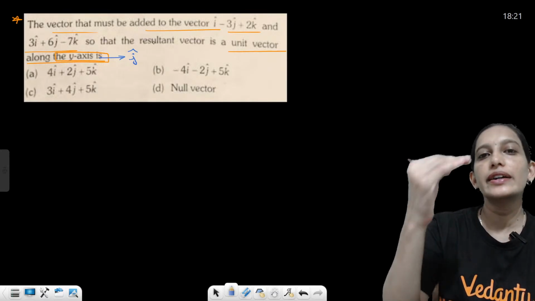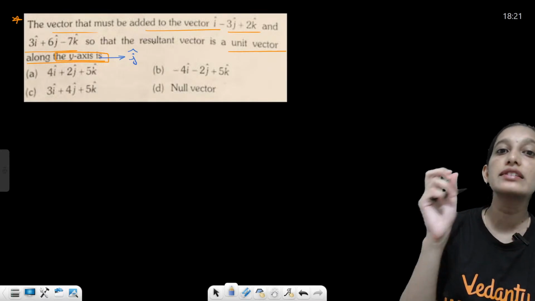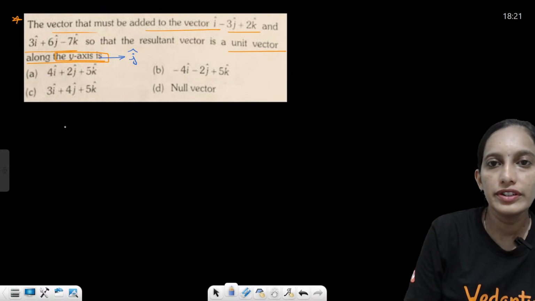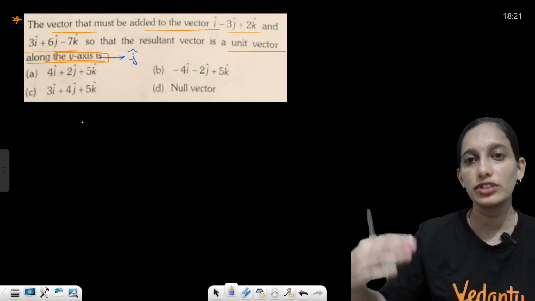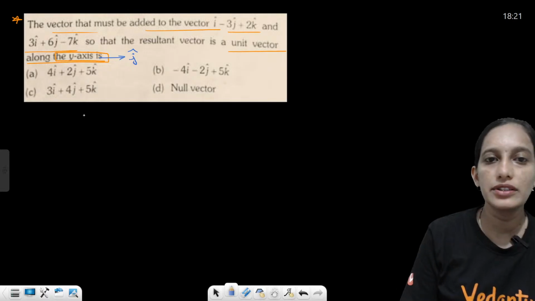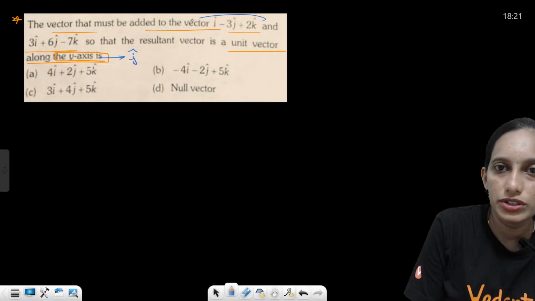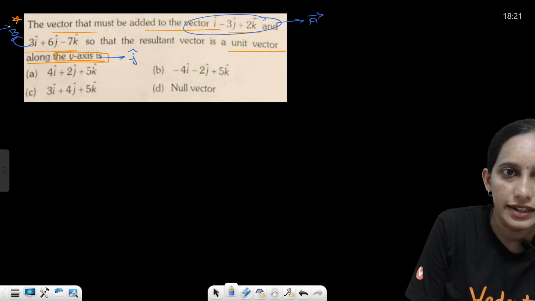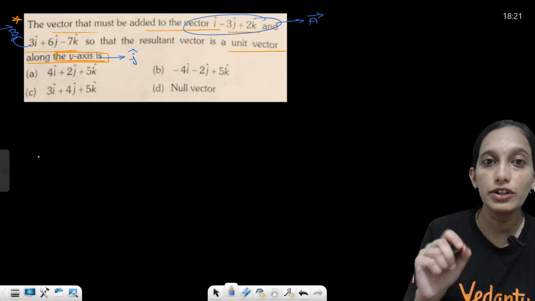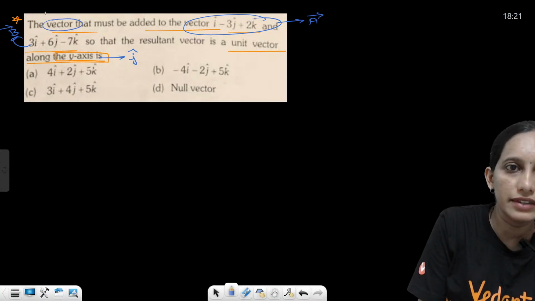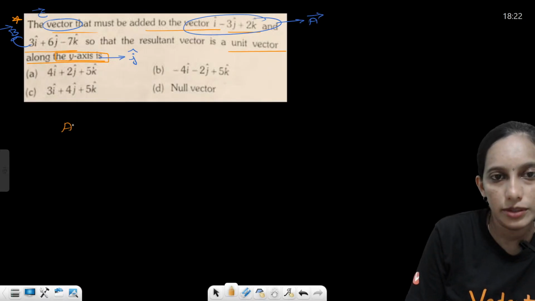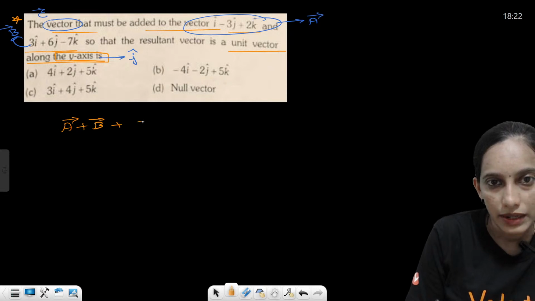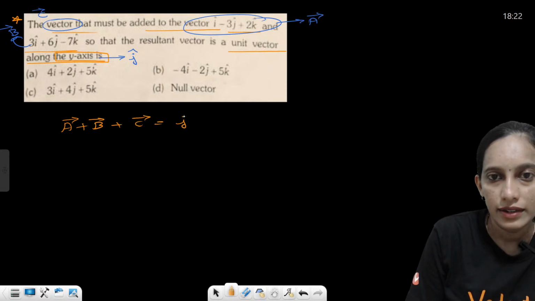Okay. So next, what is the resultant? If we add the two given vectors, their sum should be equal to j cap. So what we will do is directly add it. As these are all competitive problems, I am not too worried about the steps we are following, so I will go on adding directly. Otherwise, you can consider this like a vector and this like b vector. Now, some other vector must be added to these two, let us write it as c vector, such that, according to the problem, a vector plus b vector plus c vector gives j cap.